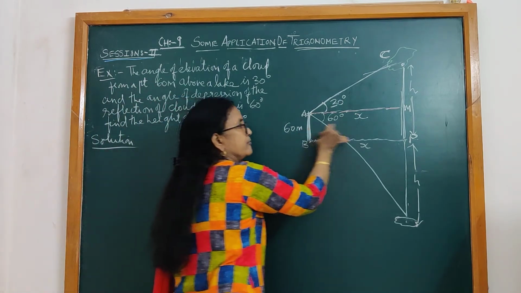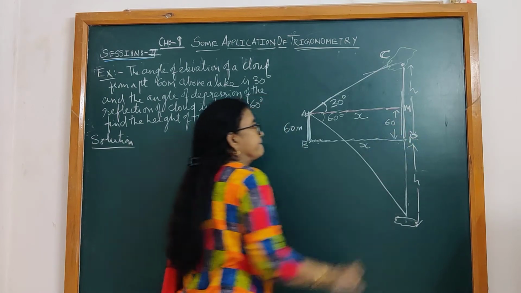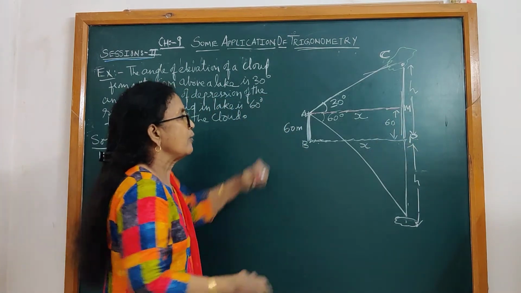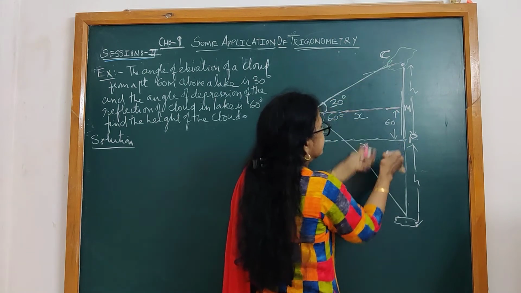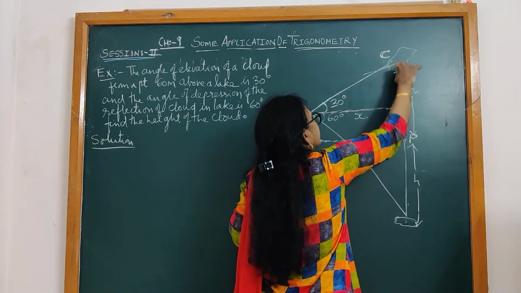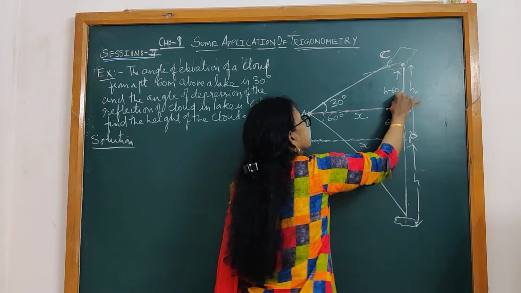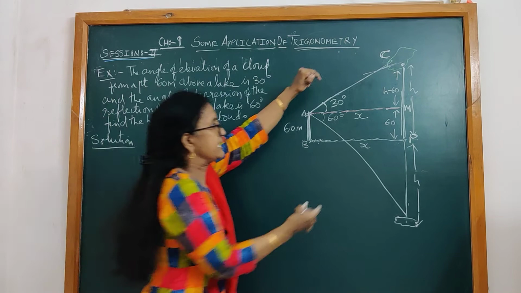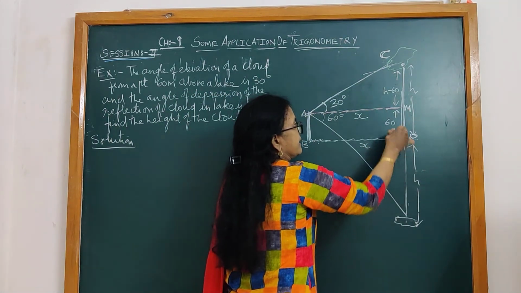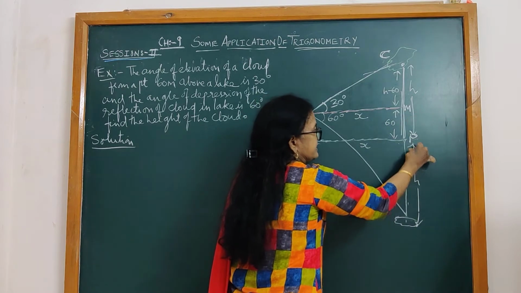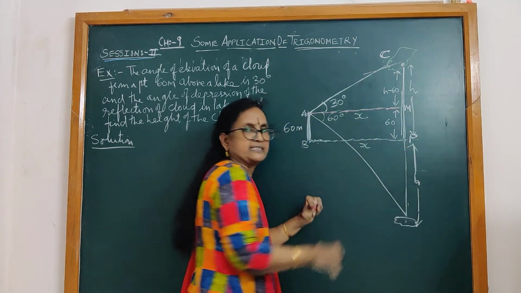Opposite sides are the same, this will become 60. Now this much height is h, this is 60, so this portion will become h minus 60. This is h. Now when we come to this triangle, the whole thing will come. This much is your h and this is your 60, so it will become h plus 60.